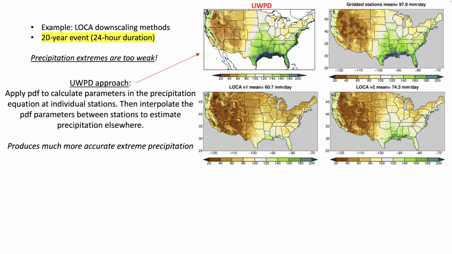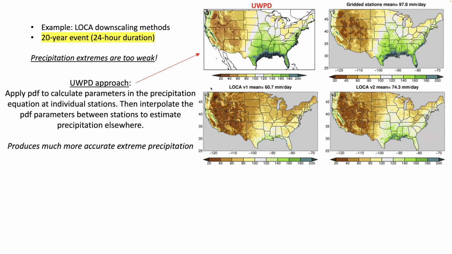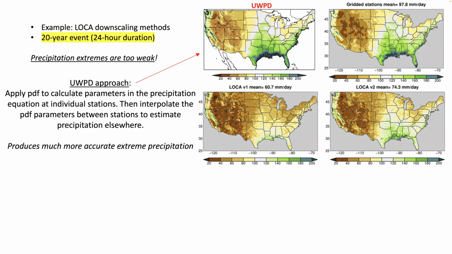By contrast, this UWPD is really beneficial because it has a different approach. As I said, it uses these PDFs in the equation for precipitation amount. That's fundamentally different than the LOCA or the MACA construction. So in the UWPD approach, you calculate the PDFs to determine individual parameters in the precipitation amount equation at individual stations.